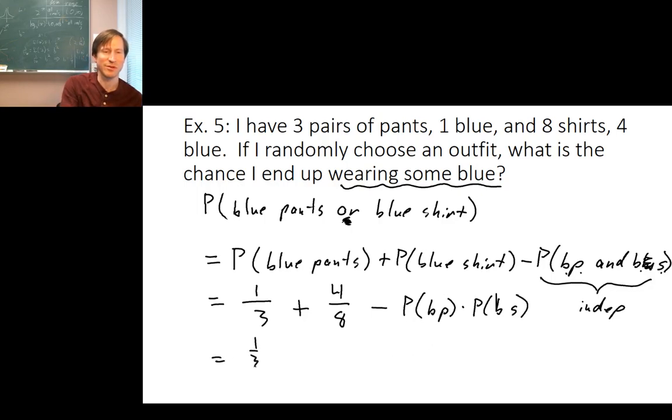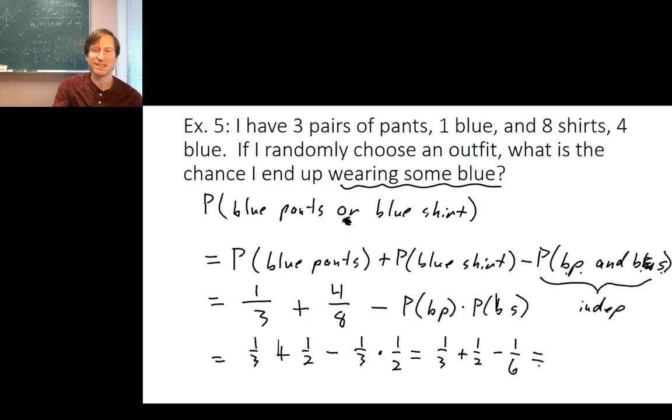So this is 1/3 plus 4 over 8, which is 1/2, minus the probability of blue pants, that was 1/3, times the probability of getting a blue shirt, that was 1/2. So 1/3 plus 1/2 minus 1/6 is, let's see, 2/6 plus 3/6 is 5/6, minus the 1/6 is 4/6, that's 2/3. So the chance of wearing something blue is 2/3.